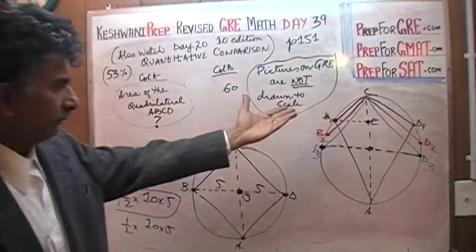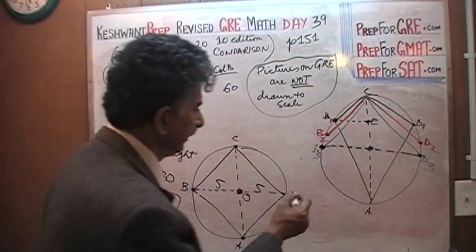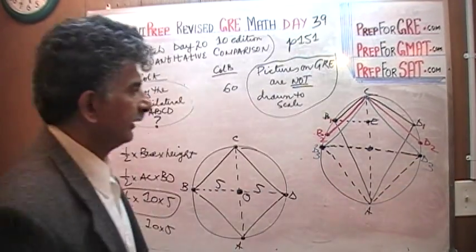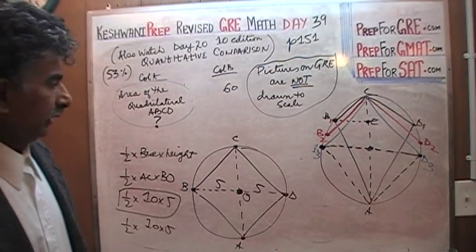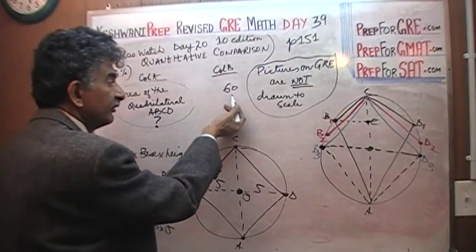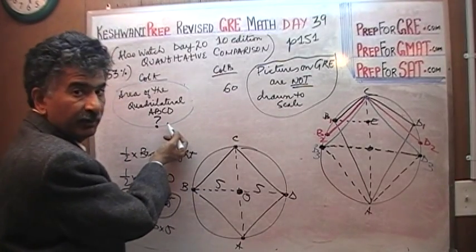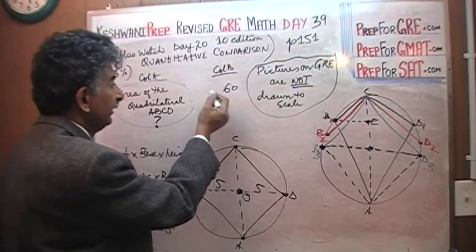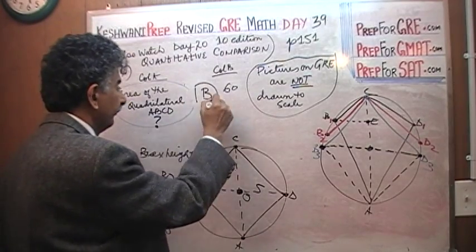Right here it is. I don't want to erase any of that. It will be a nice square, in which case the maximum area that it can have is 50, because this is 60. Even if it did have a maximum area of 50, it can never be more than 50. Because this is more than 50, the answer in this case would be B.